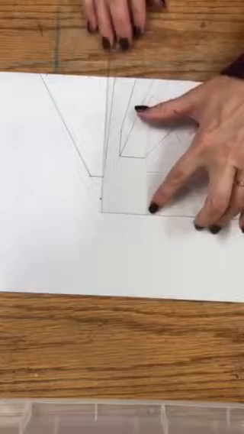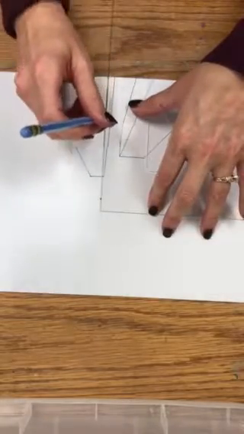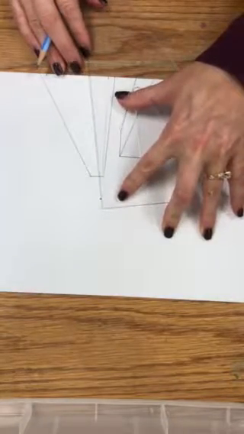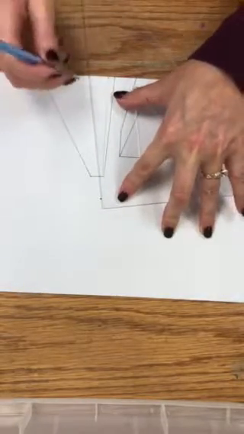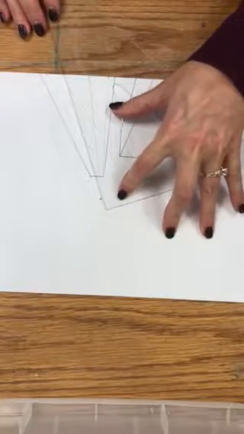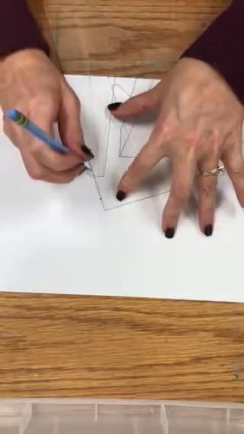And then you connect those dots with the vanishing point and draw lightly, because you'll be doing some erasing. And all of these are going towards the vanishing point.